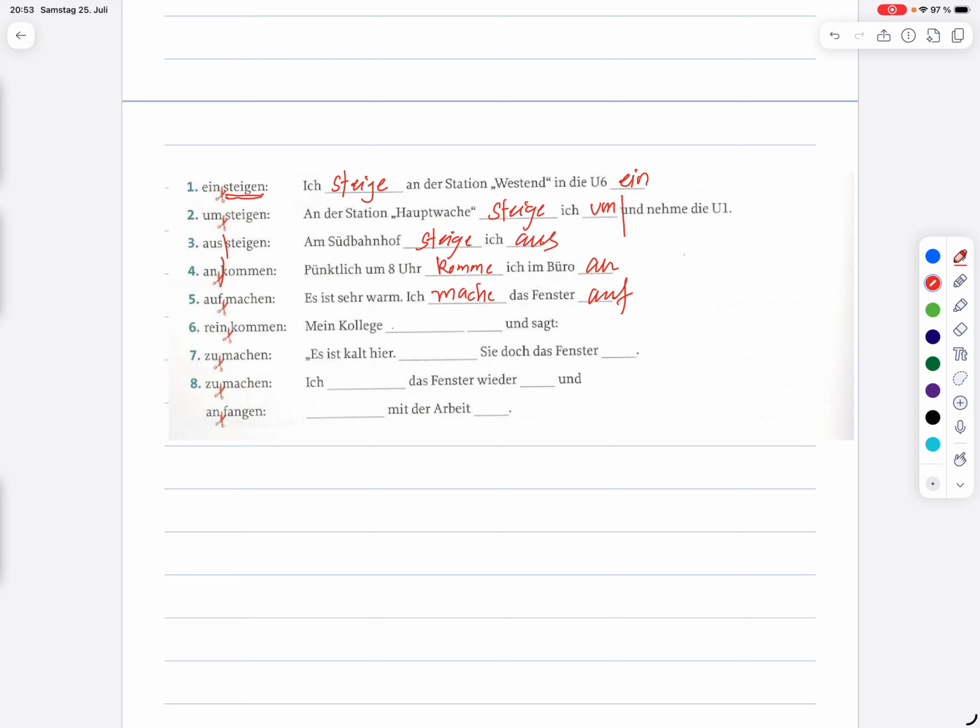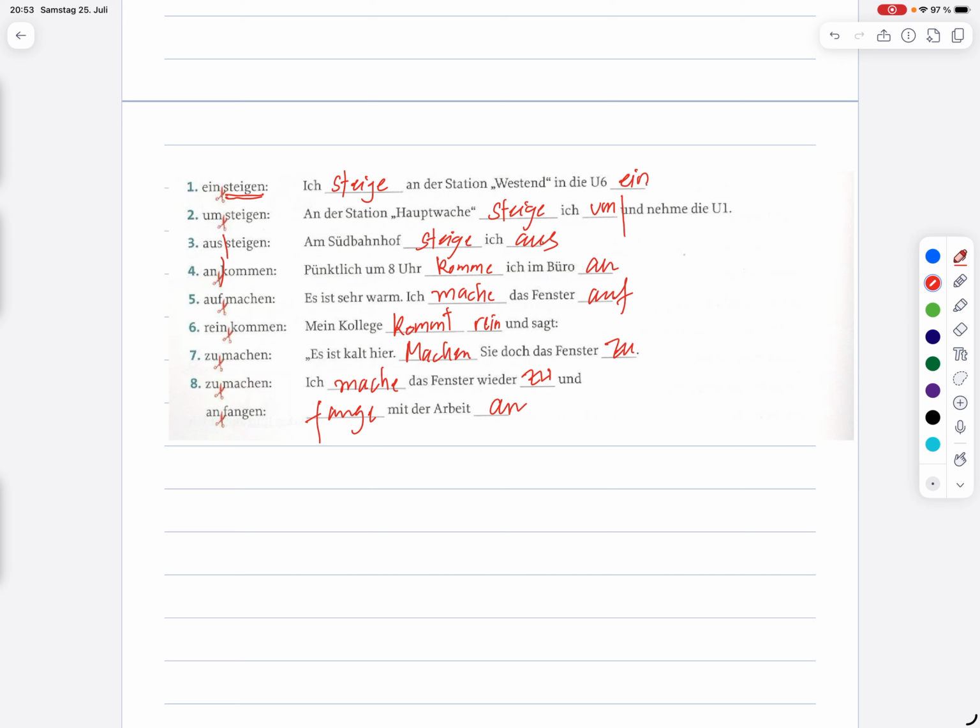Mein Kollege kommt rein und sagt: Zumachen. Es ist kalt hier. Machen Sie doch das Fenster zu. Zumachen. Ich mache das Fenster wieder zu und fange mit der Arbeit an.